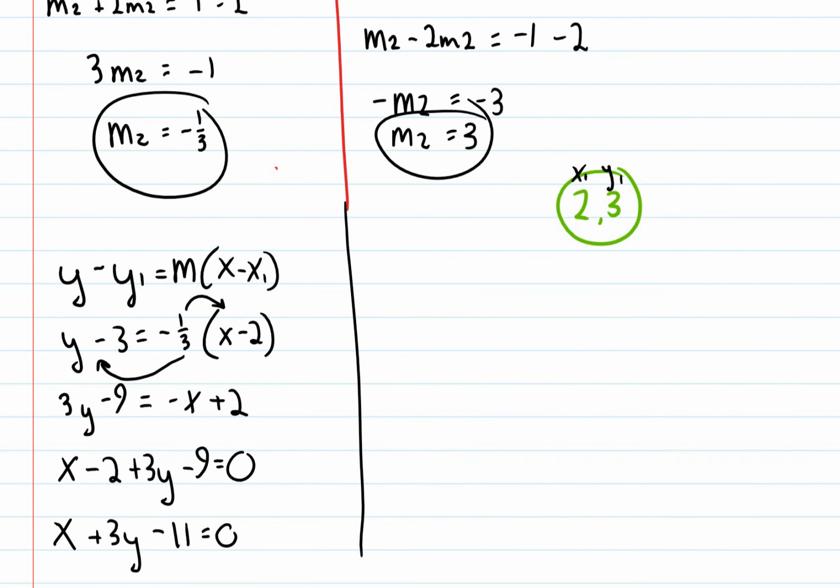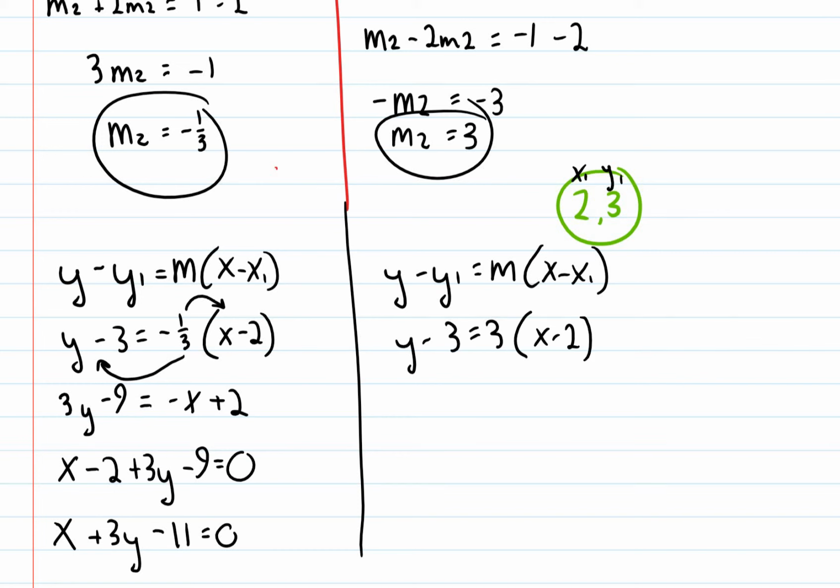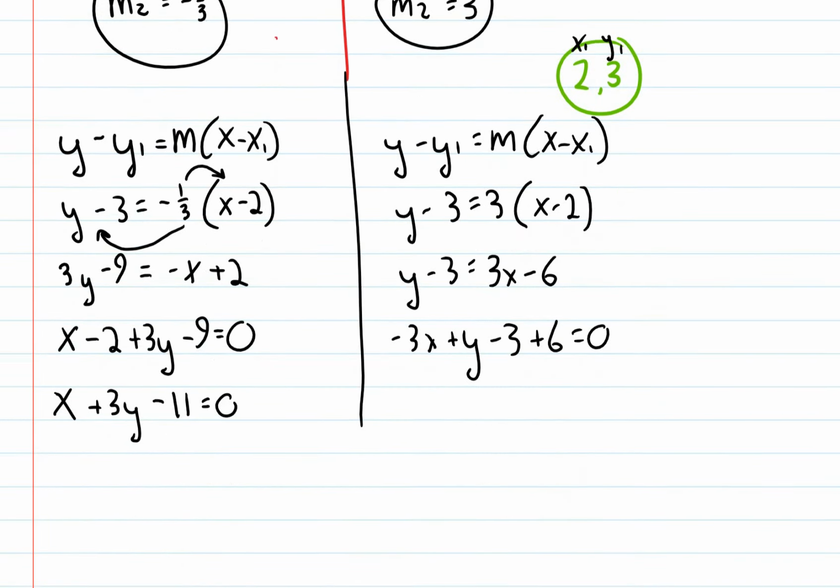And then the other line, y minus y1 equals m(x minus x1). y minus again 3 equals, the slope this time is 3, (x minus 2). That's y minus 3 equals 3x minus 6. And just tidy this up, minus 3x plus y minus 3 plus 6 equals 0.